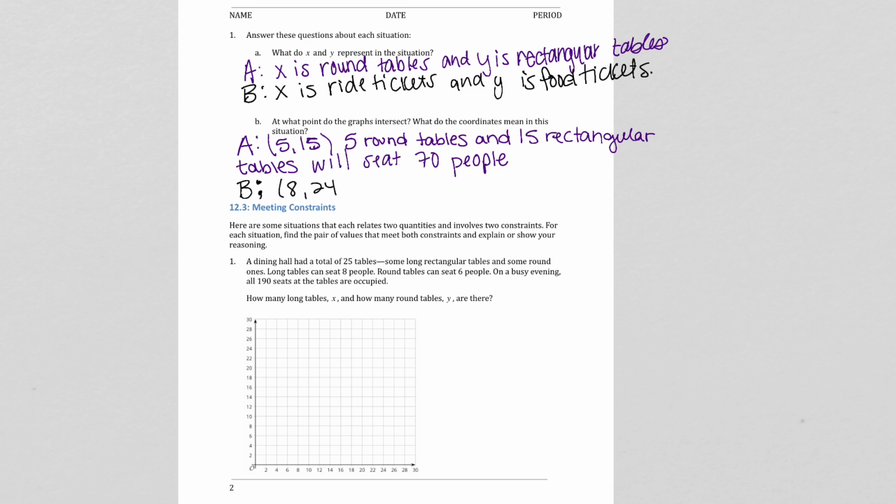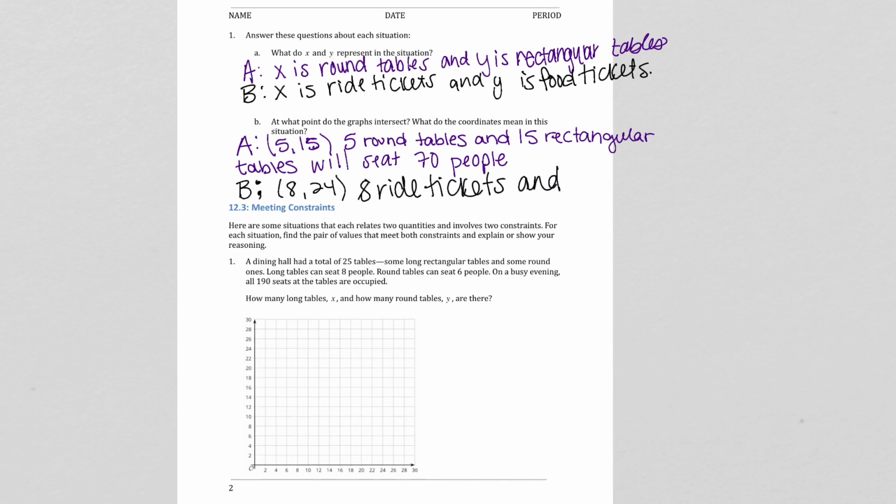What does the 8 mean? Which was the X value? Food or ride tickets? The ride tickets. And 24 was what's the Y?